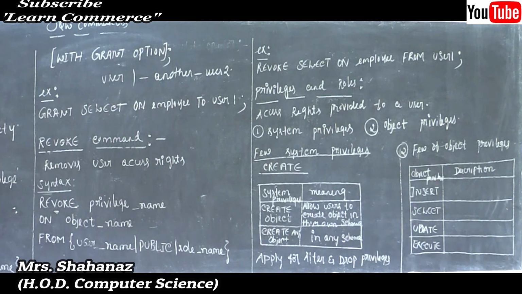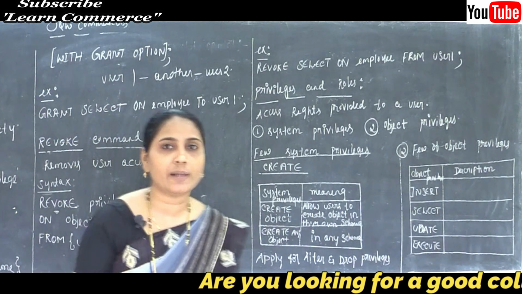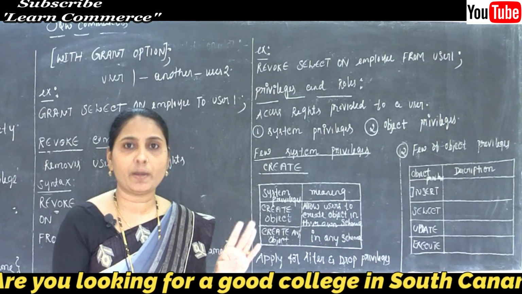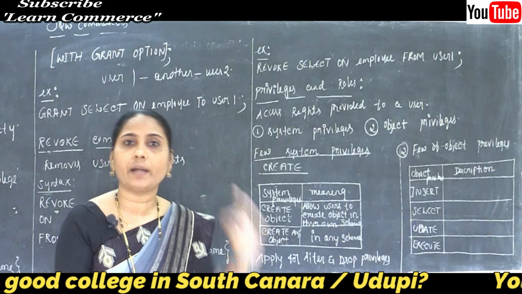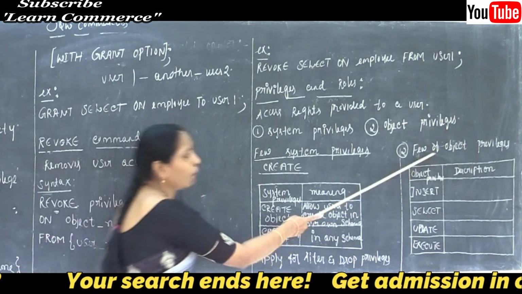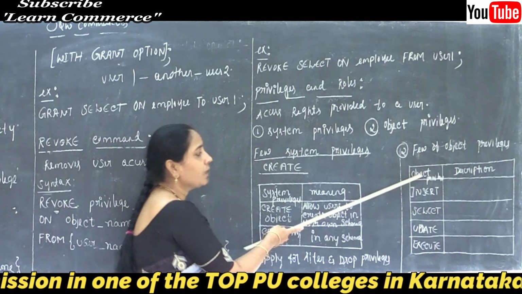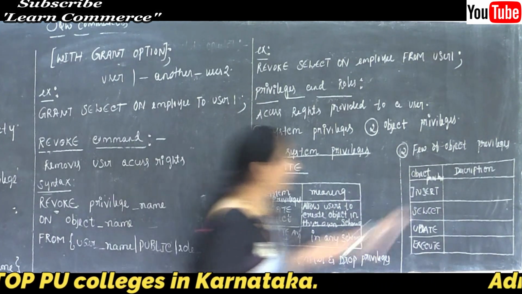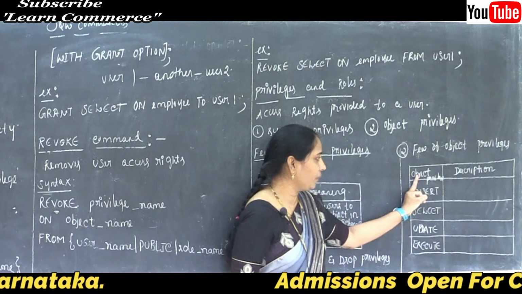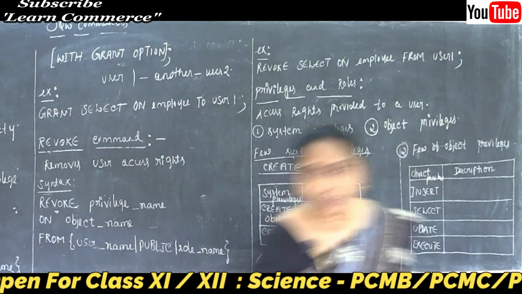So what are the commands that go with our object privileges? The commands are the select command, insert command, delete command, update command. So all of them go with our object privileges. The first column has the heading object privileges and the description.